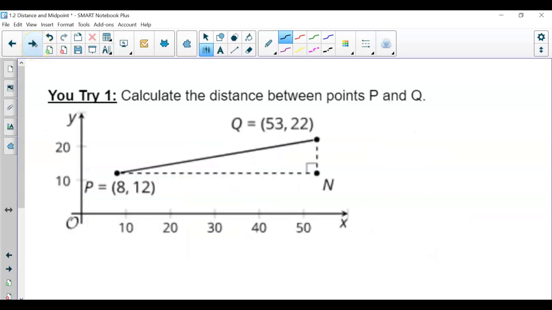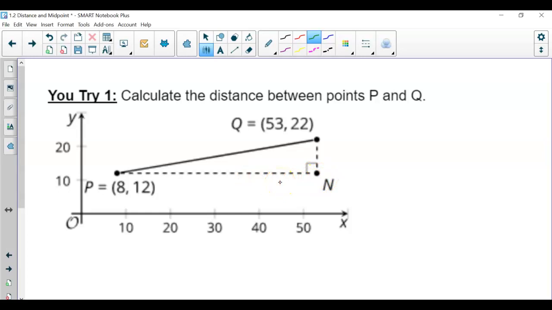Go ahead and pause the video, calculate the distance between these two points, and let's see what you get. And here we go. You could have gone either way, Pythagorean theorem or distance formula. I'll show you how you could do a mixture of both, because it's very difficult to count.